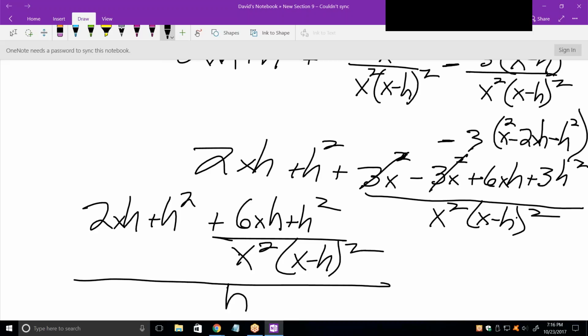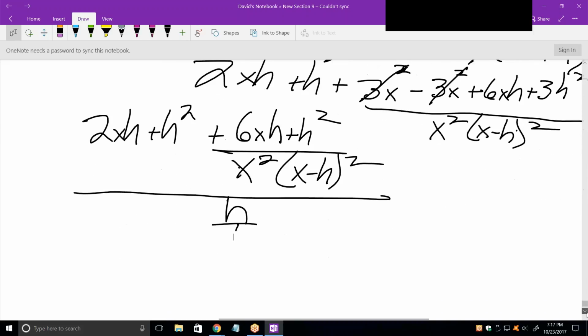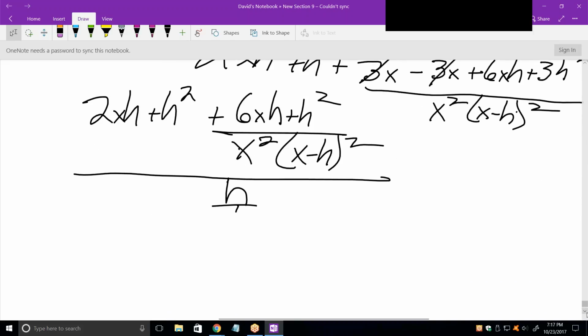Now, if I treat the bottom like a fraction, flip and multiply, that's what I want to do. So when I flip and multiply, it takes out that h, leaving me with that.